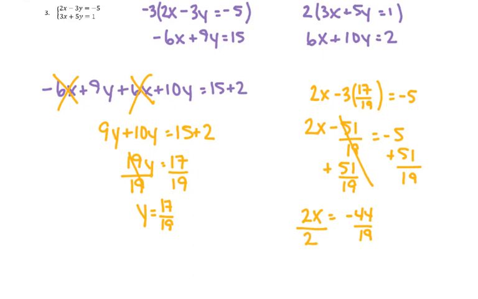And now I'm going to divide both sides of my equation, or really multiply by 1/2. So now I have -44 over 19 divided by 2 is -22 over 19. So my x value is -22 over 19, meaning the solution to this linear system is -22 over 19 and 17 over 19.